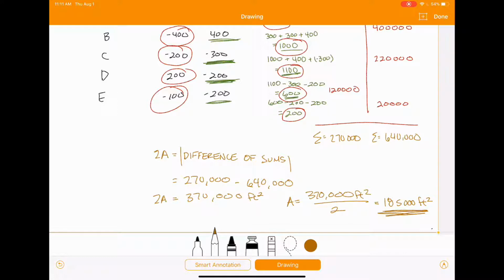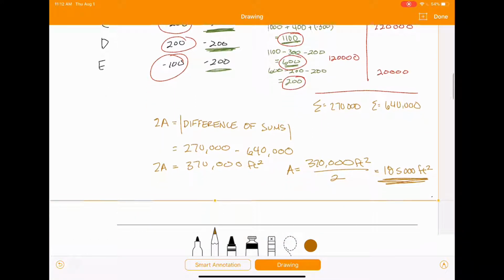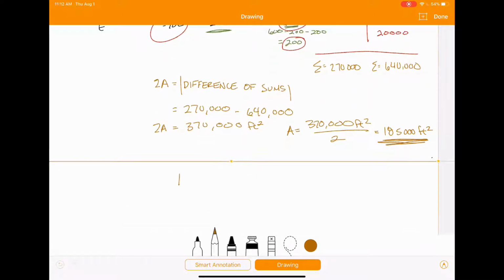Once you get to this point, you're going to want to convert into acres, just because that's what we use to describe land area in the U.S. And so the conversion you're going to use for that is 1 acre equals 43,560 feet squared. So we've got our 185,000 feet squared. And then we're just going to set up a unit conversion.